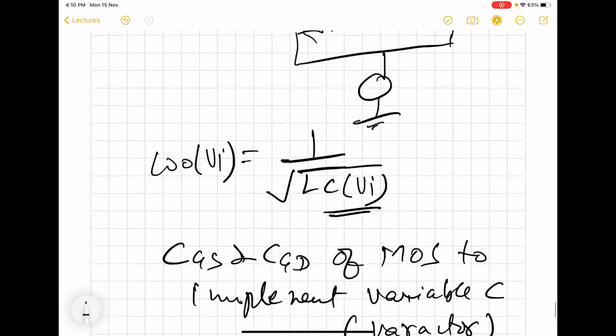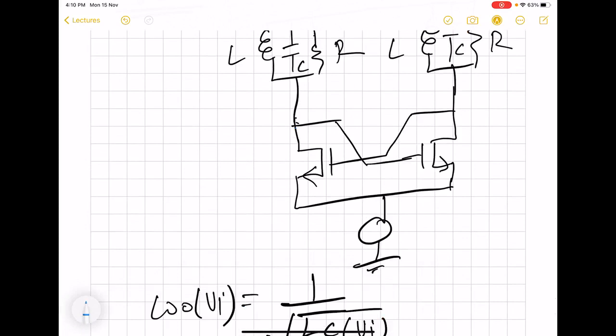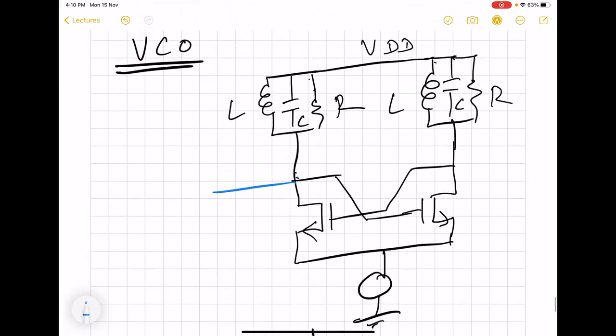So what we can now do is connect a MOS here, because this capacitor basically appears between drain and VDD. VDD basically means AC ground. It does not change with time. So we can take another MOS. We will have here a gate to source capacitor and a gate to drain capacitor, the two strongest capacitors.